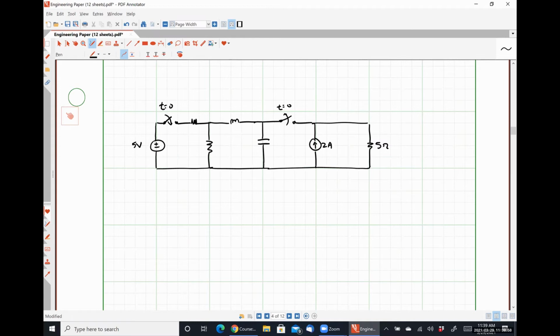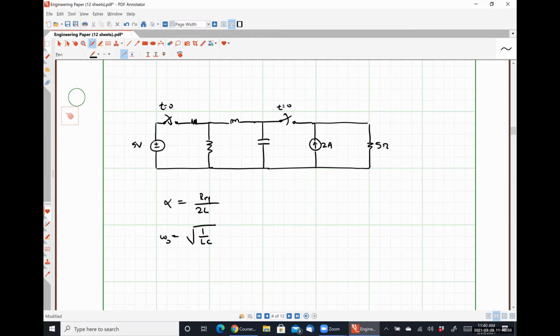So then this begs the question of how am I going to get some values? All right. So we know that alpha is equal to R, which in this case is going to be R1 in parallel with R2 divided by twice L. Actually, let me just put that as REQ, where I'm going to wind up confusing myself. Over 2L, and omega naught is equal to the square root of 1 over LC.